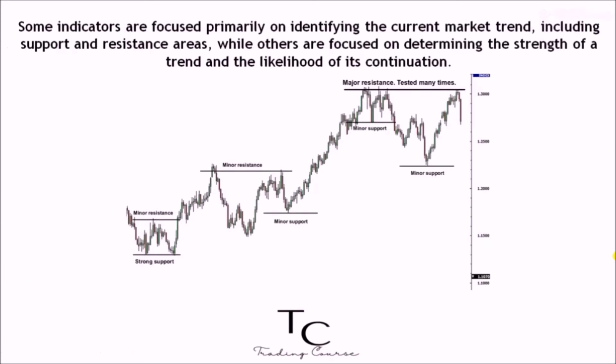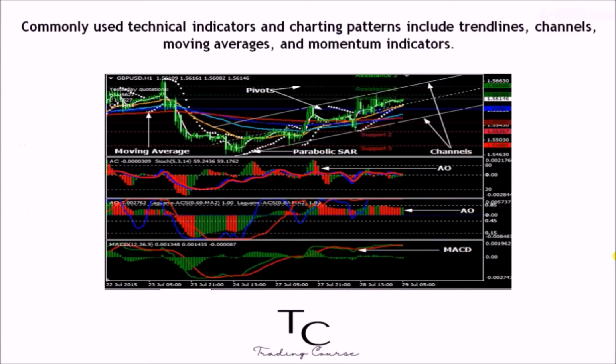Some indicators are focused primarily on identifying the current market trend, including support and resistance areas, while others are focused on determining the strength of a trend and the likelihood of its continuation. Commonly used technical indicators and charting patterns include trend lines, channels, moving averages, and momentum indicators.